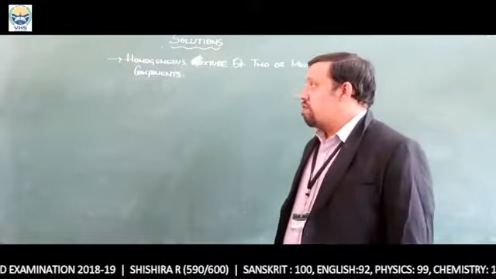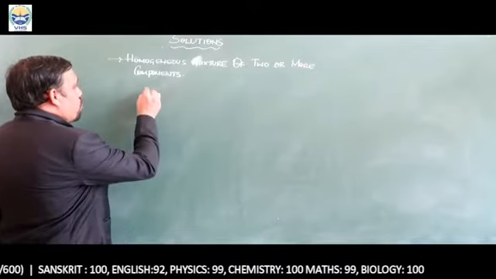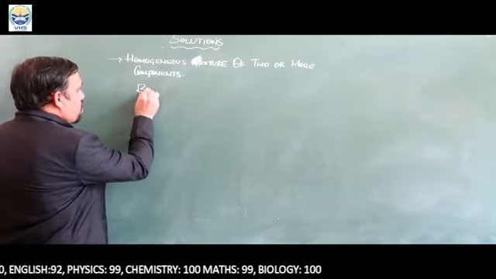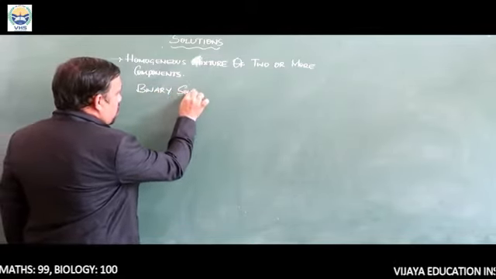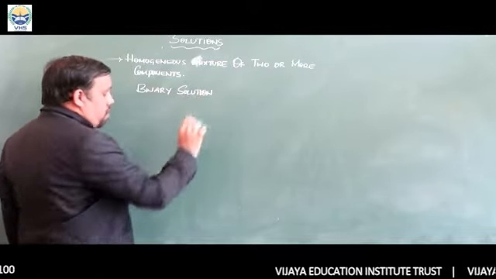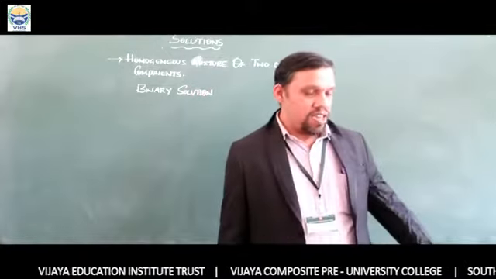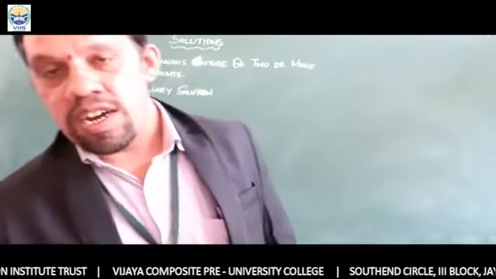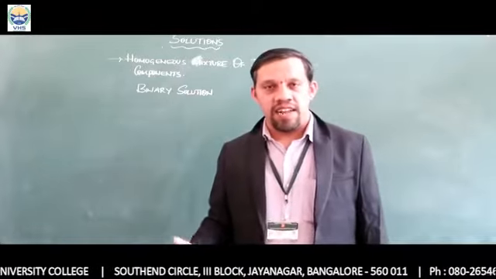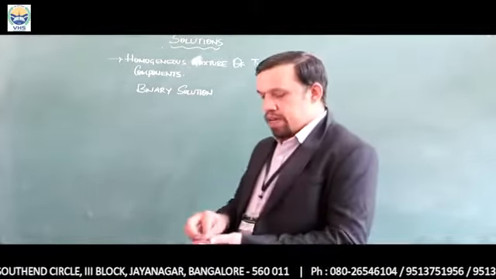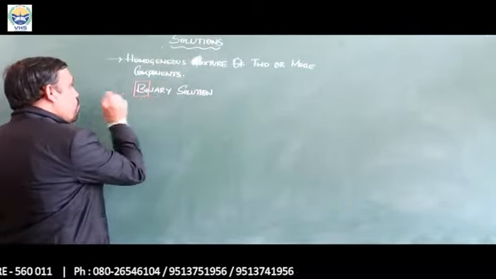Now going forward, let us see what is meant by a binary solution. As you might have heard in other chapters, we come across words like mono, bi, di, tri, tetra. Here also, we are given bi.